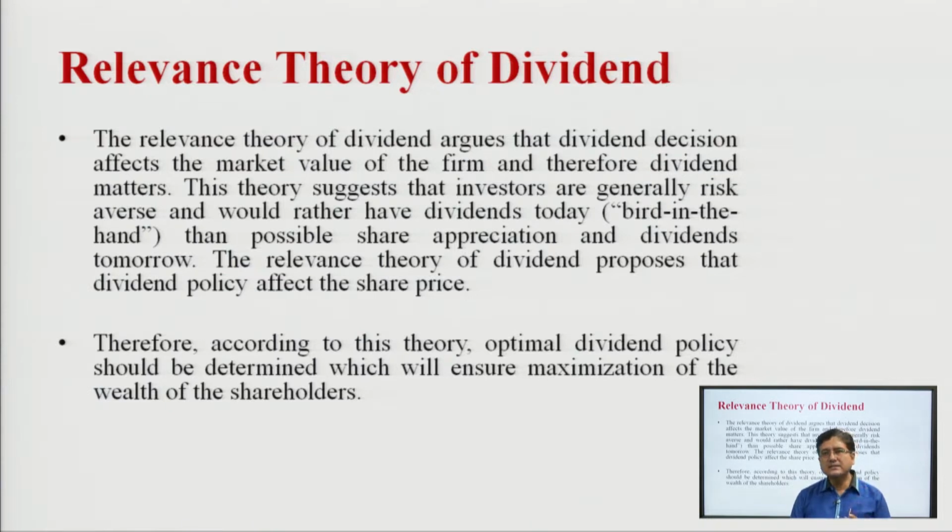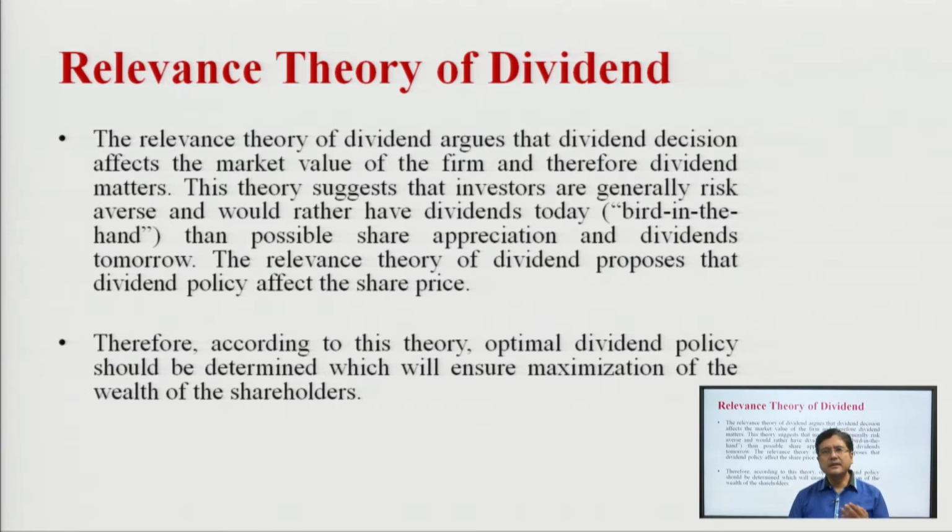This theory suggests that investors are generally risk averse and they would like to get their dividend today, as a bird in the hand is better than one in the bush. They expect returns and they require return today.